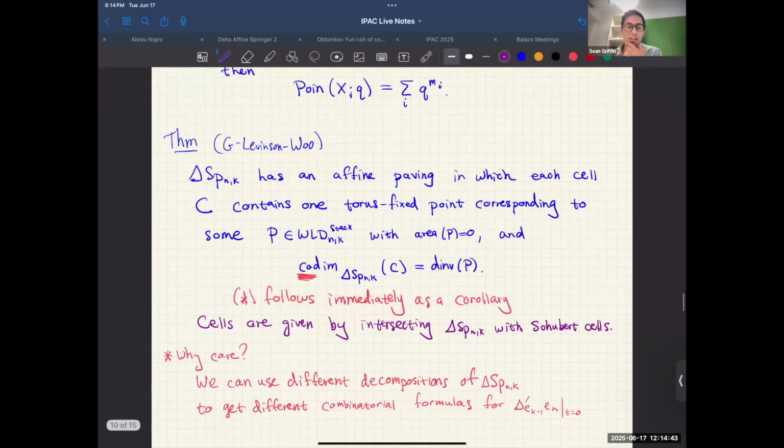Sean, can I ask you a quick question? Yeah. Maria? Yeah. When you're talking about area and dinv here in the word labeled stack, there's some kind of bijection that turns this into OSPs and cocharge, right? Or sorry, whatever the statistic is on the OSP.